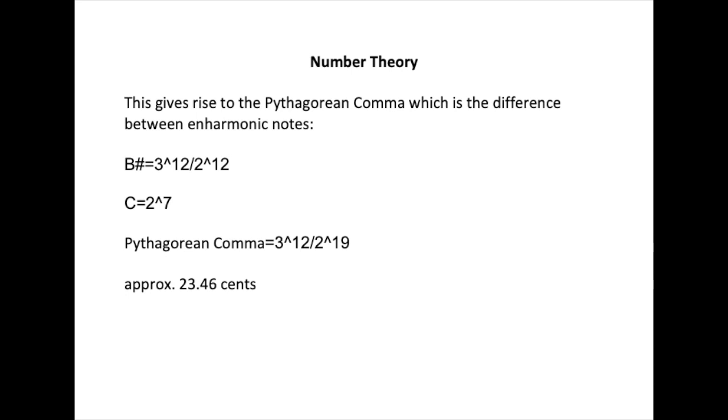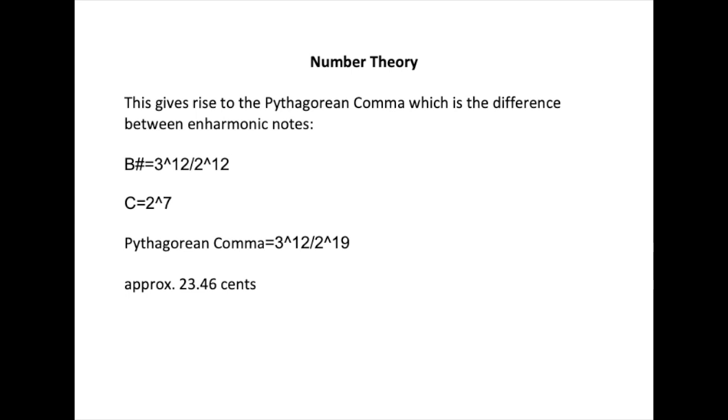If we cycled round a circle of fifths to end up on B sharp, this would be equivalent to 3 over 2 raised to the power of 12, which is slightly sharper than 7 octaves, the note C, which would be given by 2 raised to the power of 7.